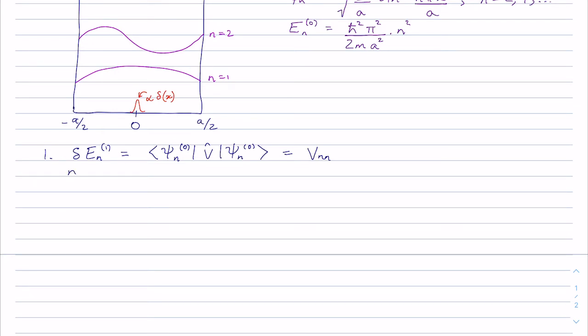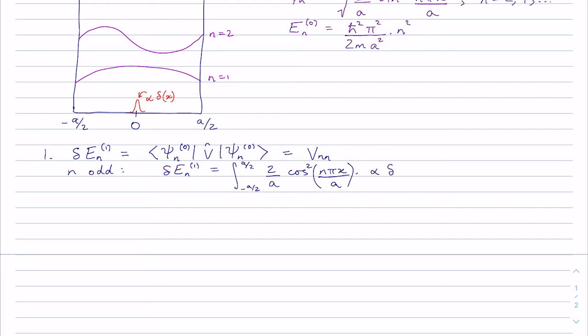So for n odd, we have ΔE_n^1 is equal to the integral from minus a over 2 to a over 2 of 2 over a cos² of nπx over a, times alpha times V, right?